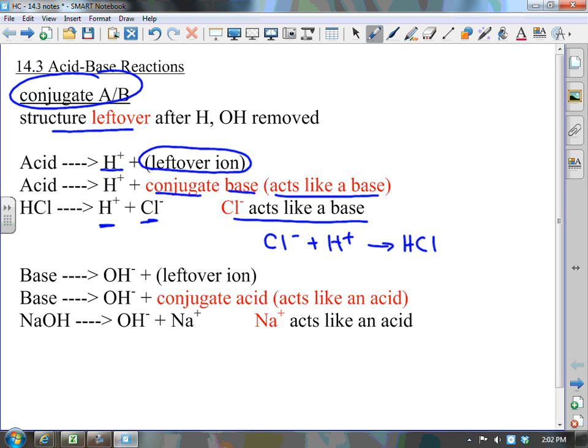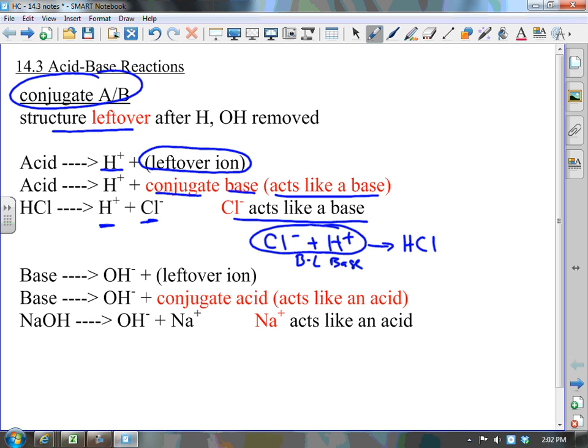This is the definition of a Bronsted-Lowry base. It's not going to produce an OH or an H+, but it can accept a proton to make HCl.